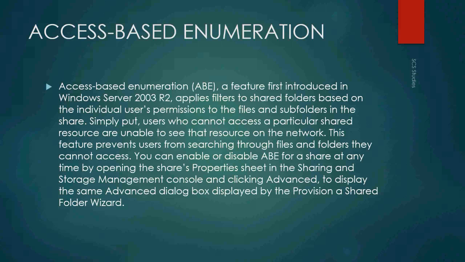Now I am going to elaborate on what access-based enumeration is. Access-based enumeration, or ABE, a feature first introduced in Windows Server 2003 R2, applies a filter to shared folders based on the individual user permissions to the files and subfolders in the share.